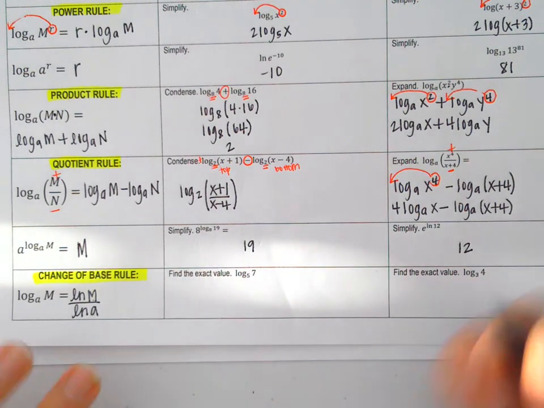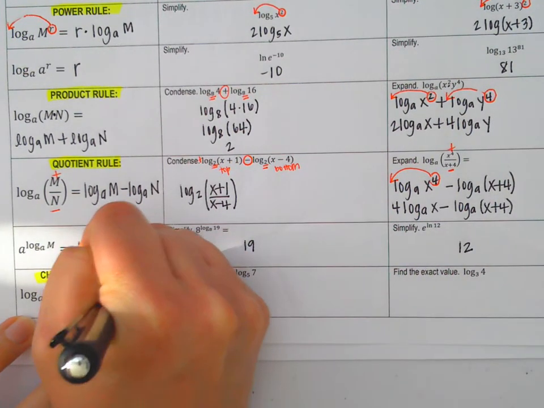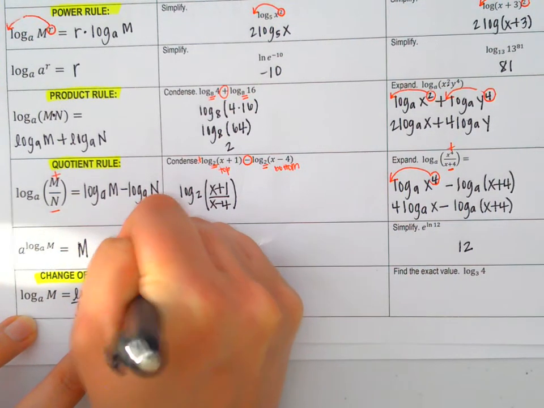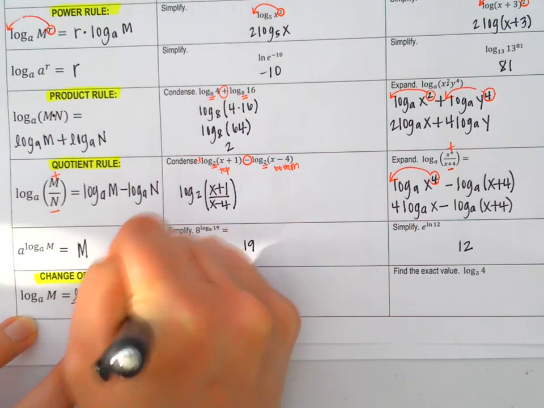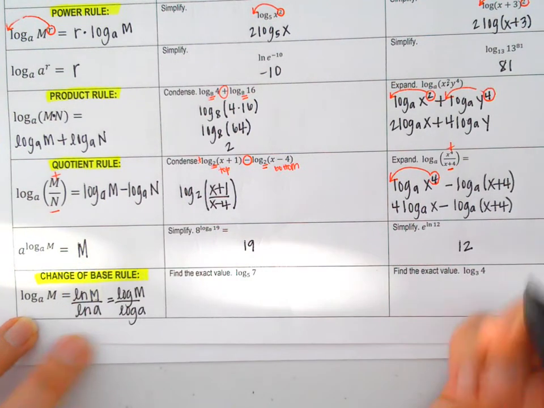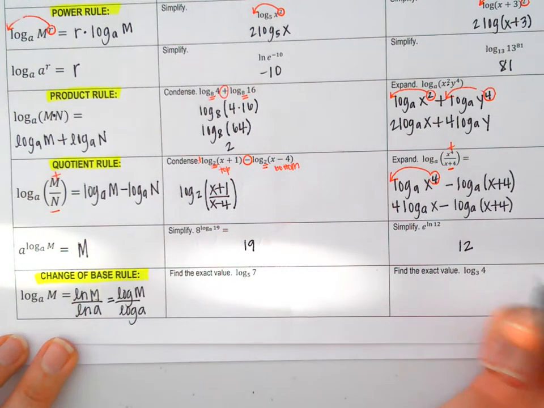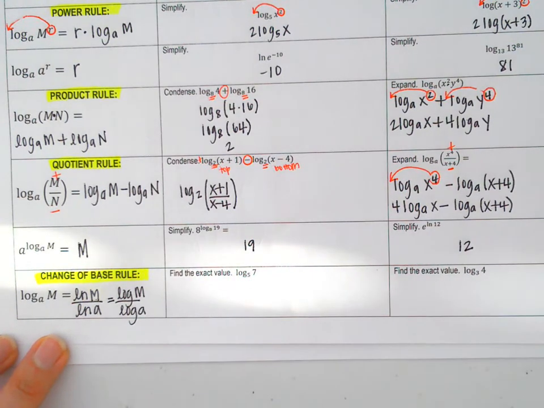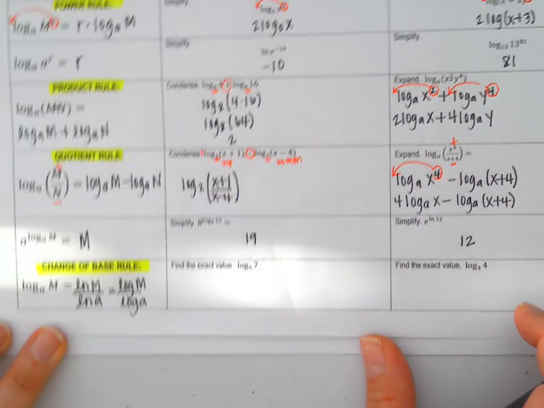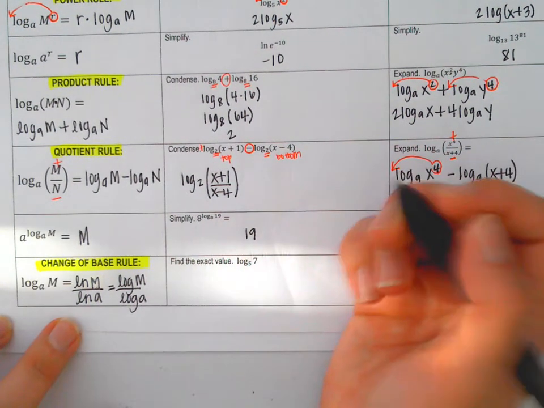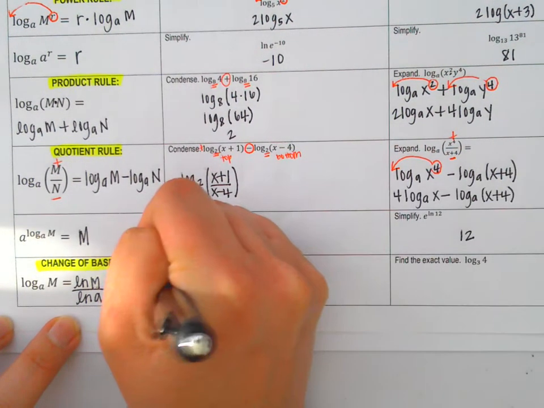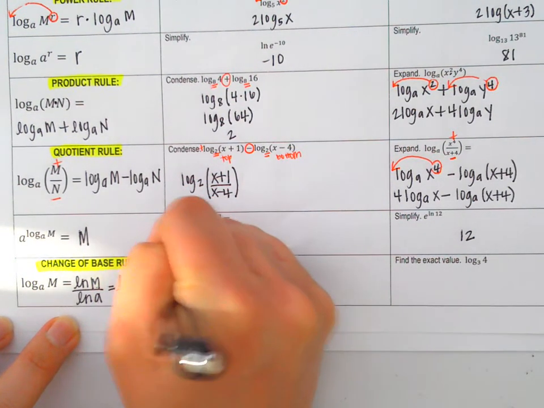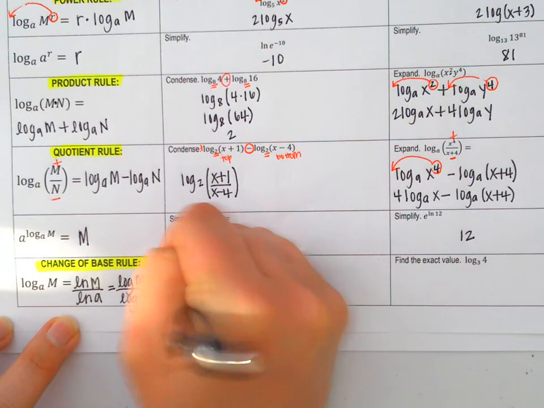So you can also use log base 10. So, that wouldn't have a base. So log of m over log of a. But really, this can be any base. So sometimes log 10, ln don't work. It makes sense to use another base. So I'm just going to write it one more time. It can be log base b of m over log base b of a.